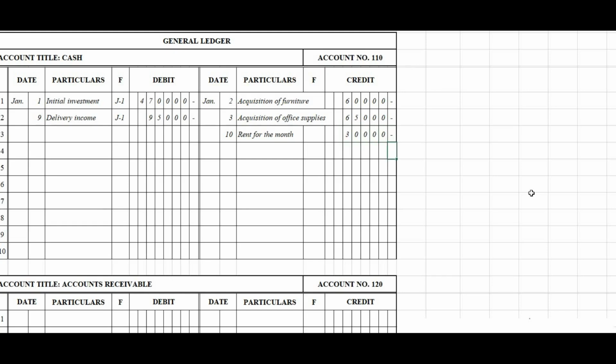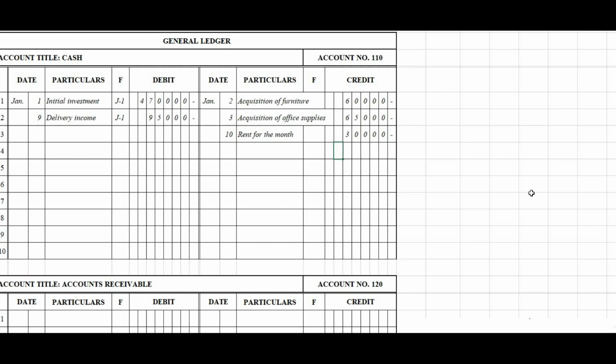So class, if you've noticed, diba, ang ginawa ko dito, nilagyan ko talaga siya ng columns per place value just for the purpose of showing you how to do it manually. But of course, if you're using Excel, pwede nang hindi na, kapag computerized, pwede nang wala na ito mga columns na to para later when we do our account balance, mas madali siya, kasi you can use lang the formula.